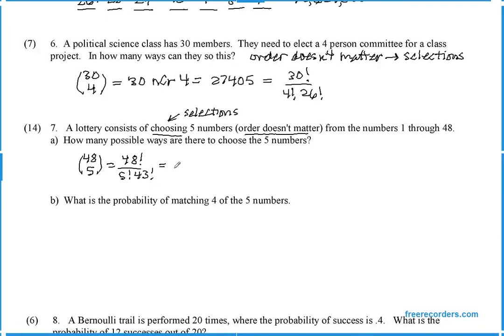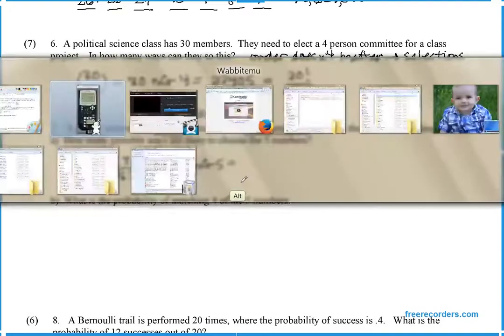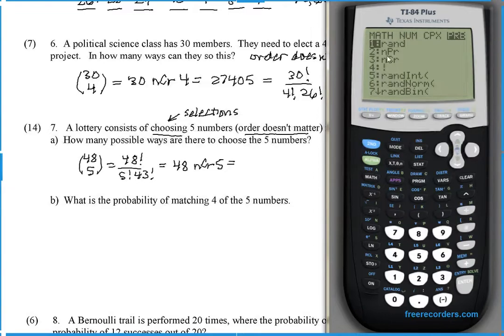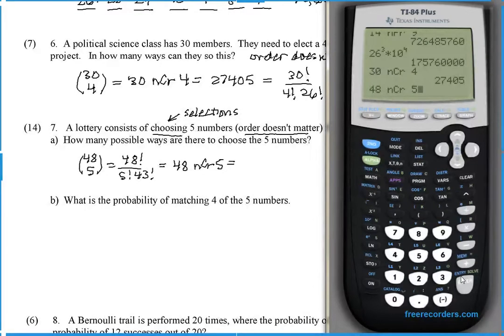If we're just keying into the calculator, this is going to be 48 nCr 5. Let's go ahead and key that in. So 48, math, probability, nCr is option 3, so 48 nCr 5 is 1,712,304.